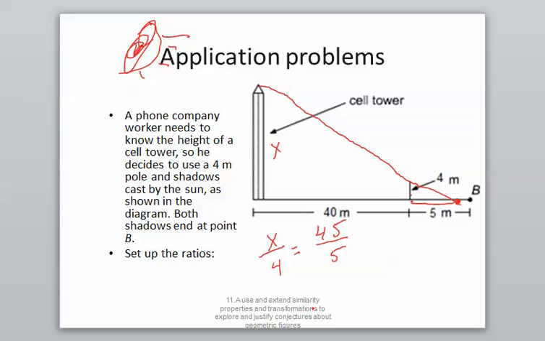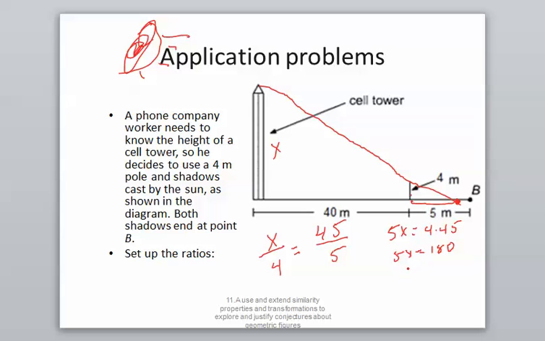I think we could probably do this by using the cross multiplication, means and extremes. We're going to get that 5x is equal to 4 times 45. And so that's 5x is equal to 180.